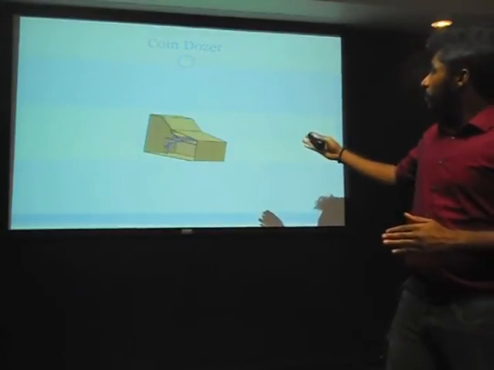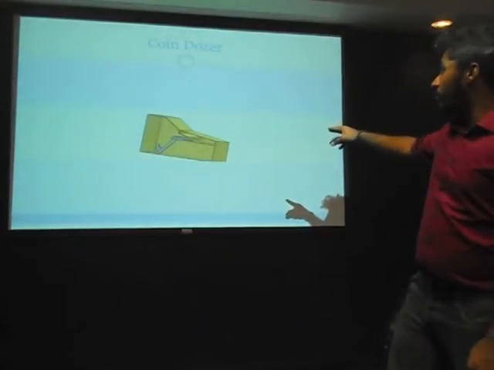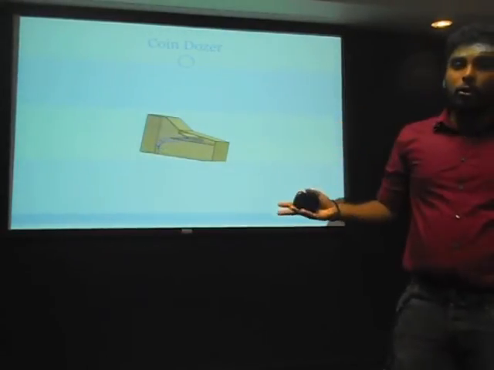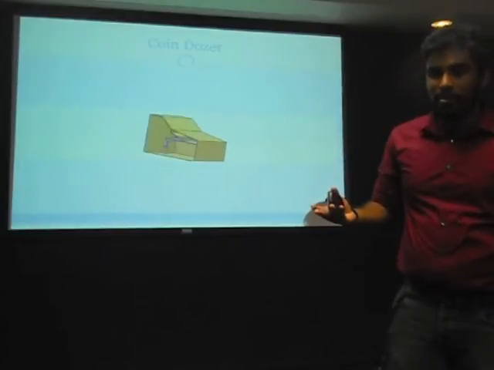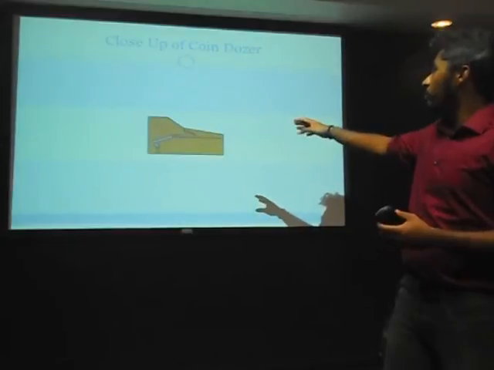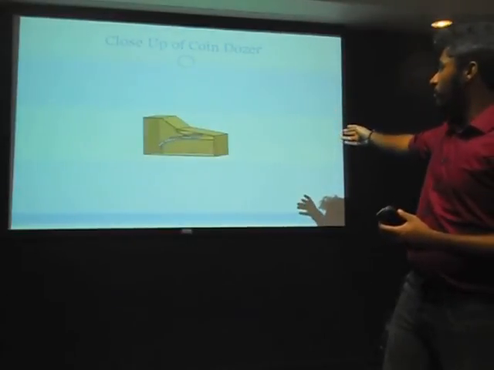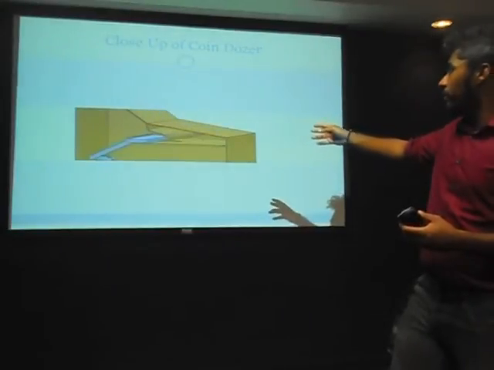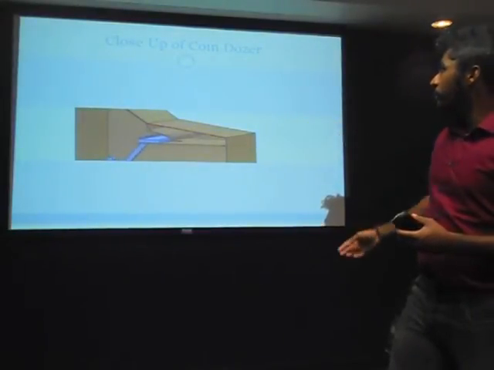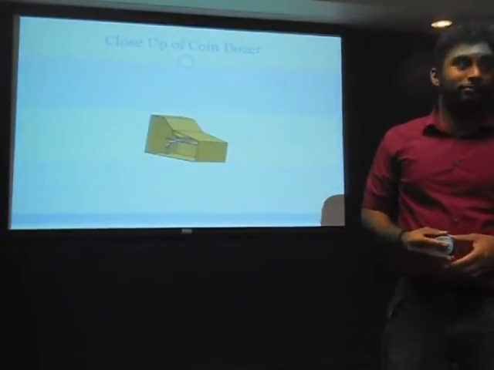Our displacement is 12 inches, so as you can see, the slider goes to the front, to the back to push the coins a minimal distance in order to maintain the game, and that is coin dozer. Here's a closer up of how the mechanism works. The crank arm goes around, pushes the slider, comes back, and goes forward again. Again, this is the first iteration.